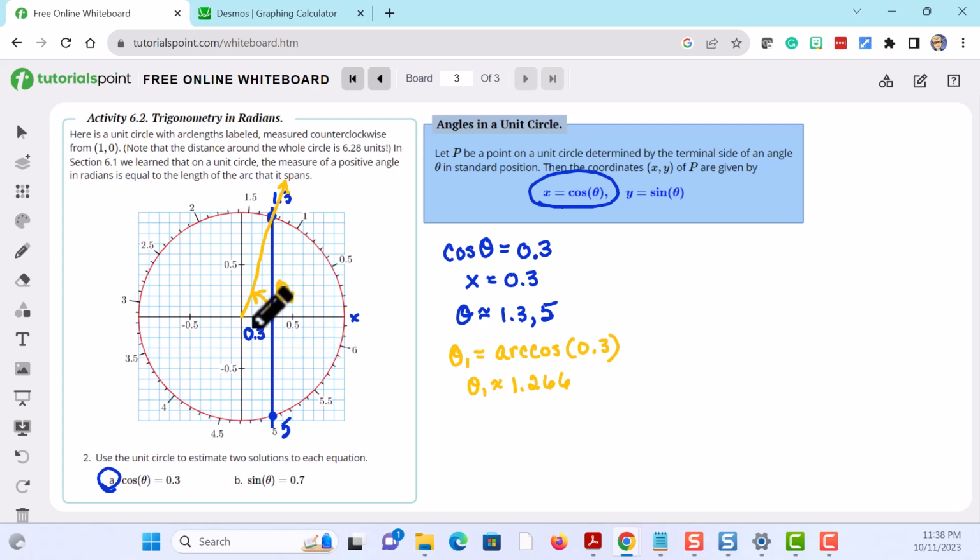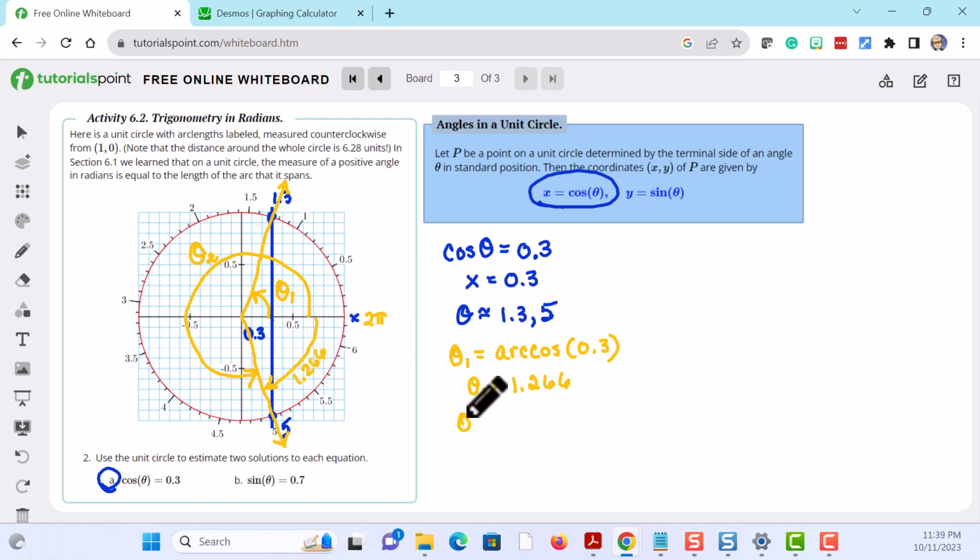Now, in order to get theta 2, we'll draw a ray through our second point. And for that, we start on the positive x-axis and rotate all the way around. That's our theta 2. But in order to find it, we could do a full rotation, which would be 2 pi. So we're going all the way around the circle, and then we go back theta 1, which is the 1.266.